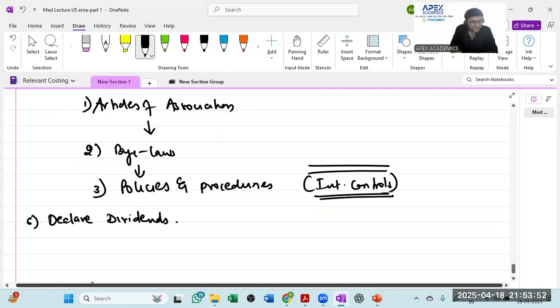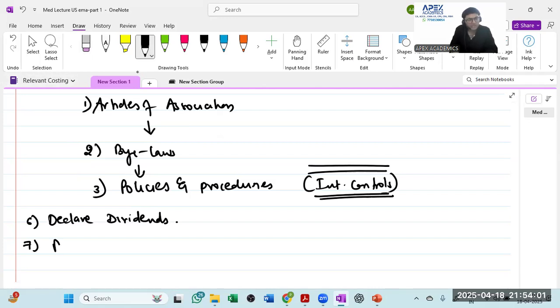They will determine compensation, that is the salary for the various officers of the company.